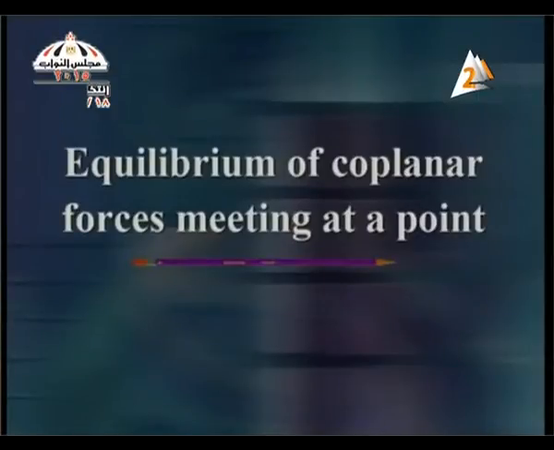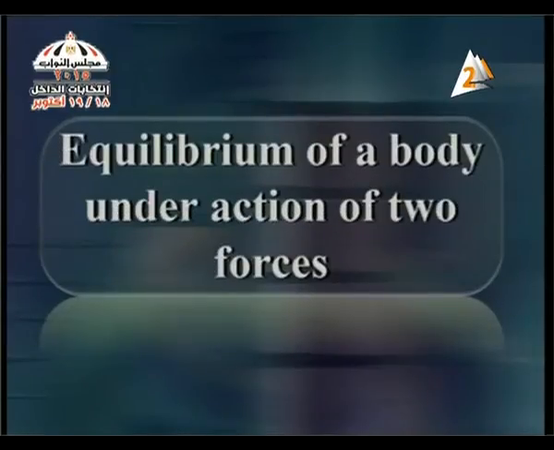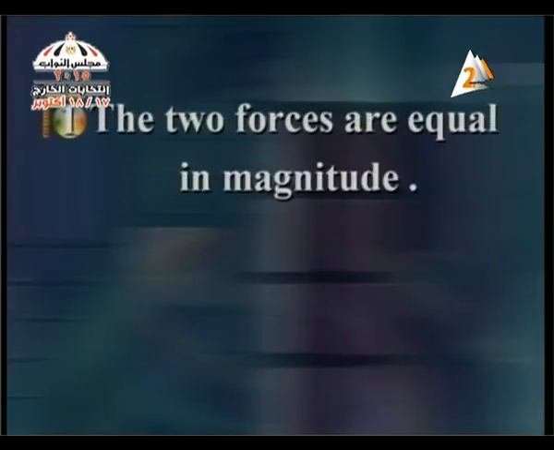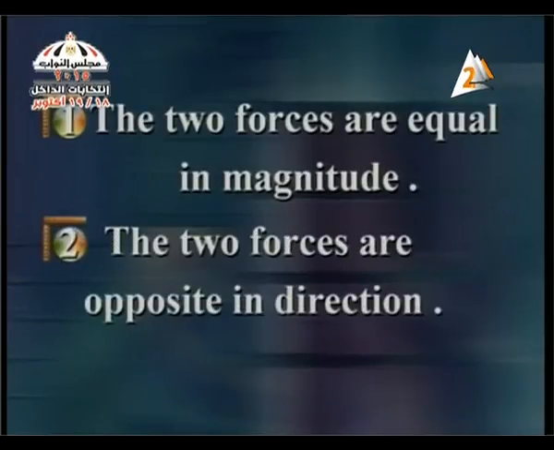Equilibrium of coplanar forces meeting at a point. Equilibrium of a body under action of two forces. If a body is in equilibrium under the action of two forces only, then number 1, the two forces are equal in magnitude.